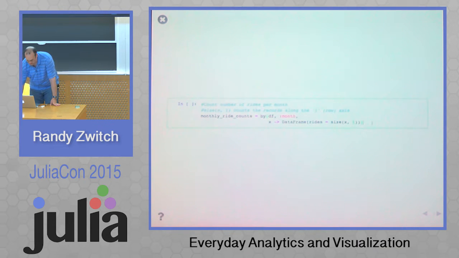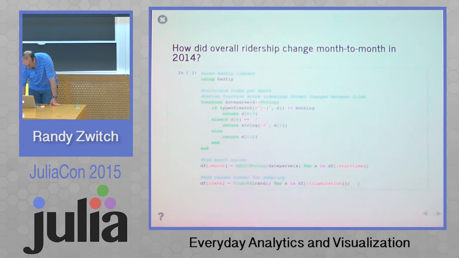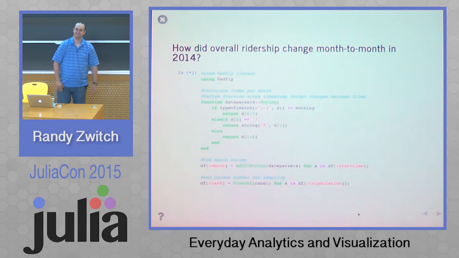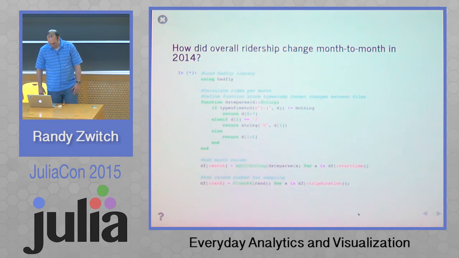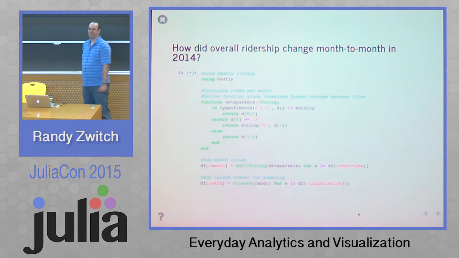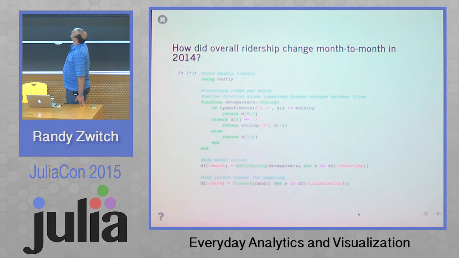So if we wanted to just start off with the question of how to ride, I guess I have to run this. Oh, it's definitely still loading Gadfly. I actually preloaded all of the libraries before the talk to try and compress this down a little bit.